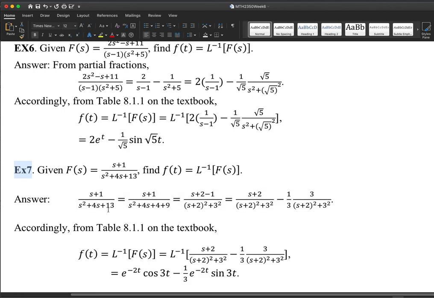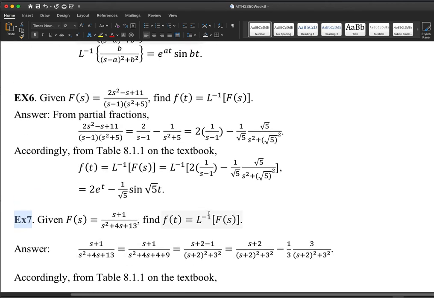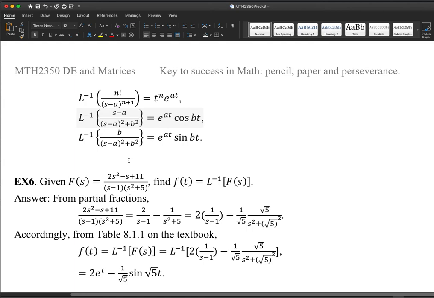Or consider it the other way, 13 is split into 4 and 9. So the denominator turns out to be two perfect squares. The reason I want to have two perfect squares in the denominator is to look at those transforms. The transforms involve exponentials and trigs. Each denominator is a sum of two perfect squares.